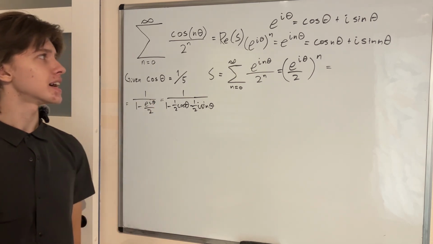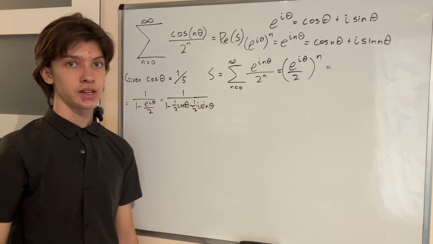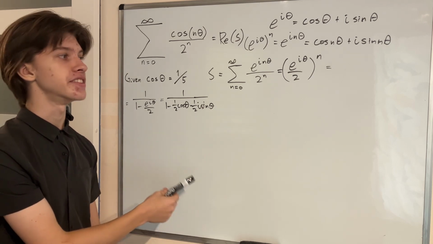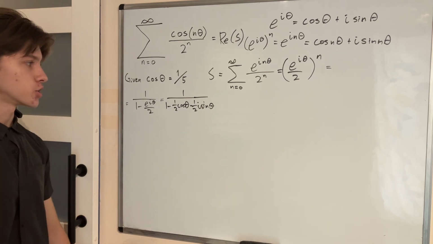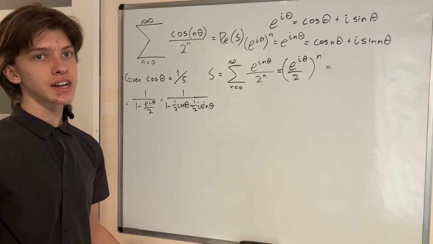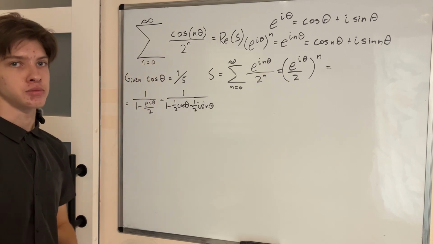Well, remember, it won't be that much use to us because we want to find the real part of s. And in order to do that, we have to simplify this denominator to not contain any imaginary component. So we want the imaginary component in the numerator, because then we can split it into fractions, take the real part of s, and actually evaluate our sum, which we had from the beginning.